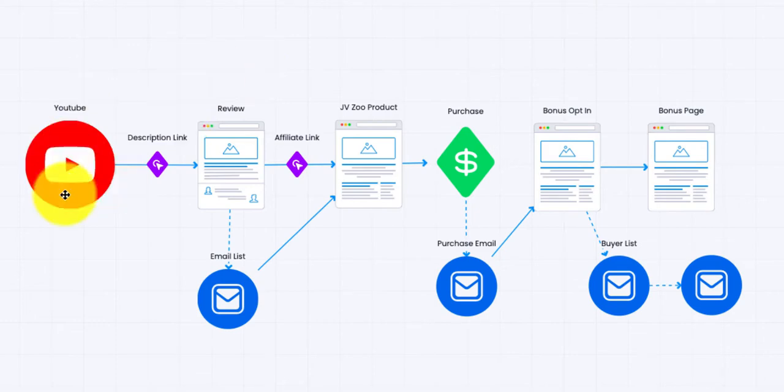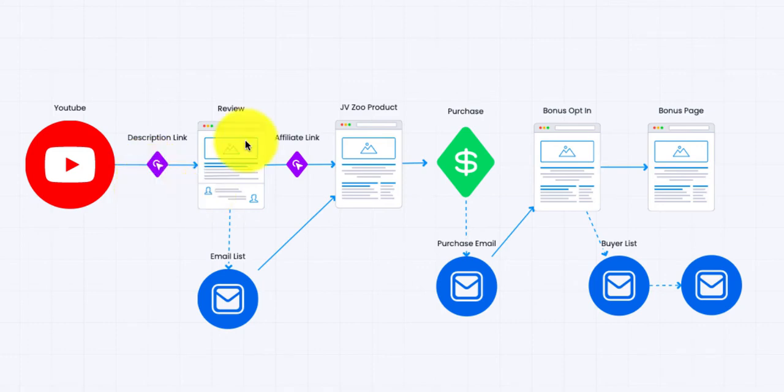Now you go ahead and you create a YouTube channel and you make review videos, or you can make videos that are very similar to this one, where you're actually giving people pieces of advice and then directing them towards other content on your channel, right? So you create your YouTube channel. You leave a link in the description over to your review.